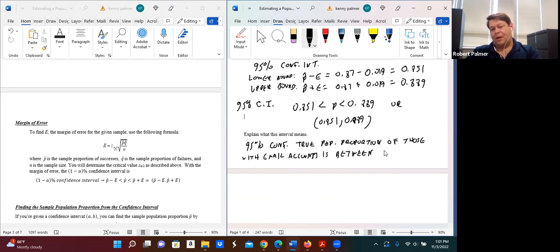So 85.1%, just changing them to percents, and 88.9%.